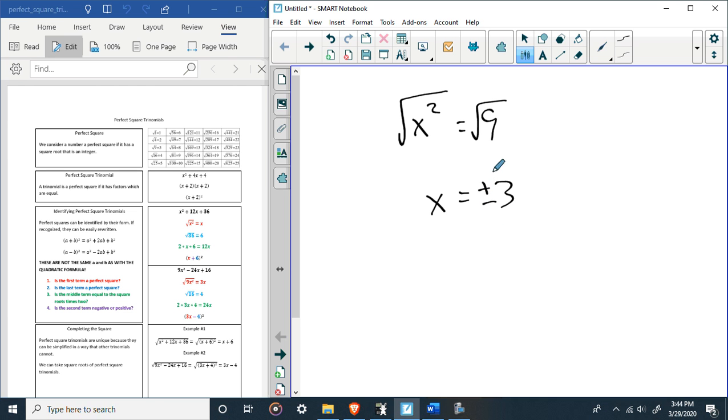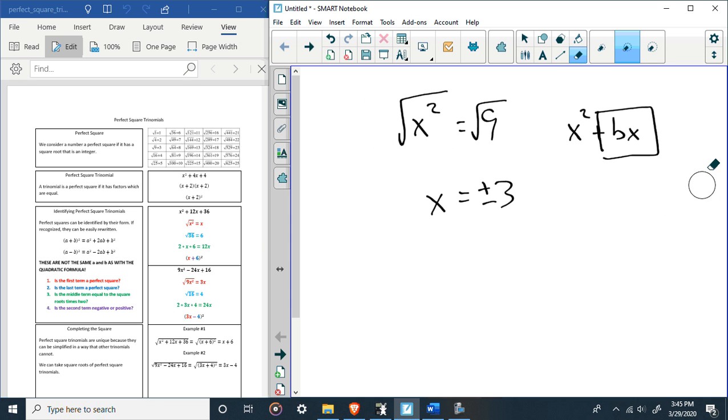Don't forget, there are two answers. So what are the two answers to this problem? It's positive 3 and negative 3. Now, this is possible because there was no middle term. There was nothing multiplied times x, right? We just had the x squared.